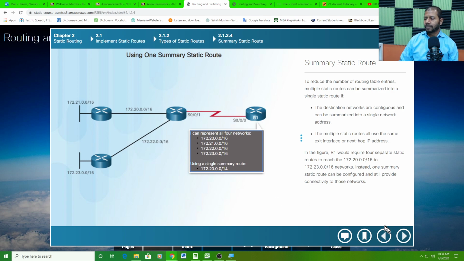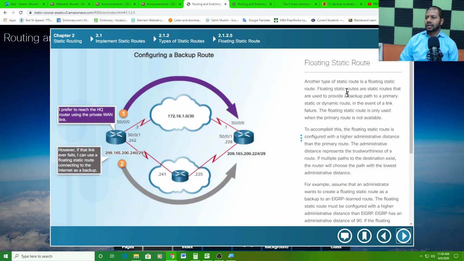Okay. Next, a floating static route. Here is an example. A company is going to the headquarters, this HQ. This router with this purple path is going to the headquarters, and it is their preferred route.